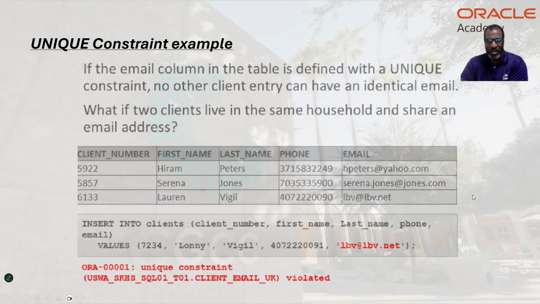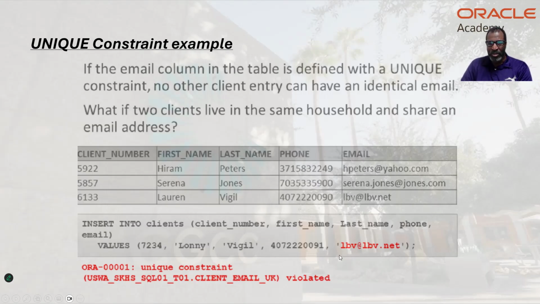If you read through this, we have a unique constraint on email, correct? Lauren Vigil worked for the company, and then we hire Lauren's husband, Lonnie Vigil, and their emails are the same. Well, they both have access. If you try to insert Lonnie, you'll get a unique constraint violation.